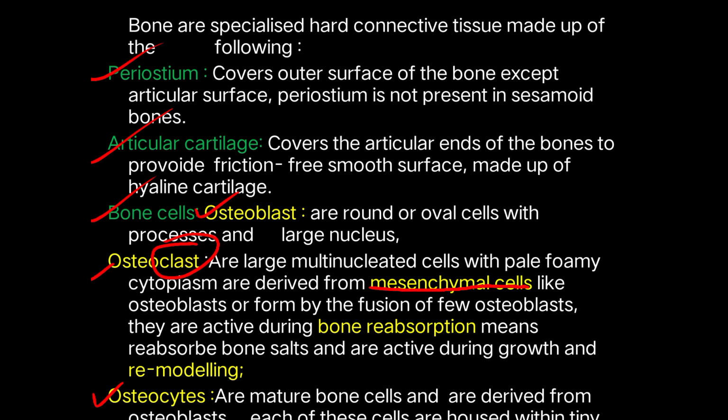These are derived from mesenchymal cells, which are embryonic connective tissue cells. They are formed by the fusion of a few osteoblasts, so they are derived from the mesenchymal cells and also by the fusion of osteoblasts.